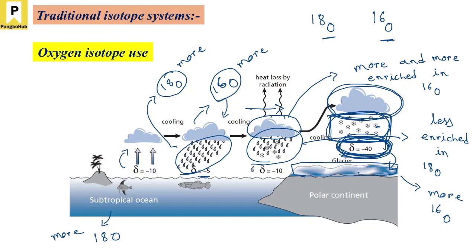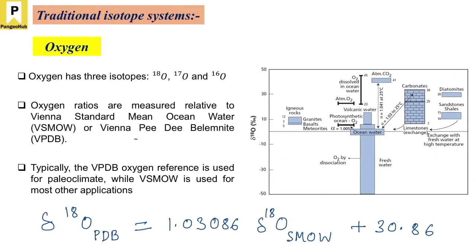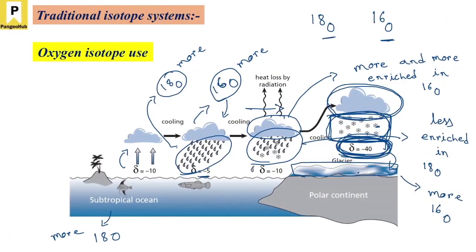So it varies near about zero, plus 5, -5, that's it. Nothing more. So plus minus 2, 3 around. So this oceanic composition will not vary much because of this enormous volume, but this glacier composition will. Okay, so obviously, as we have understood, this glacier composition will have a very low delta value.